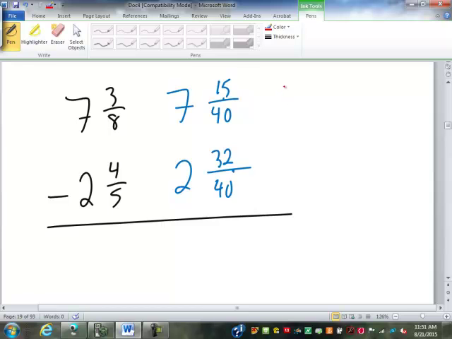Can't be done, right? What do we have to do? Borrow. This is going to become 6, and what do we do here? Yeah, we have to add 40. Now there's 40 pieces in the one object we borrow. So there's 55 40ths. 55 minus 32? 23 40ths. 6 minus 2 is 4.